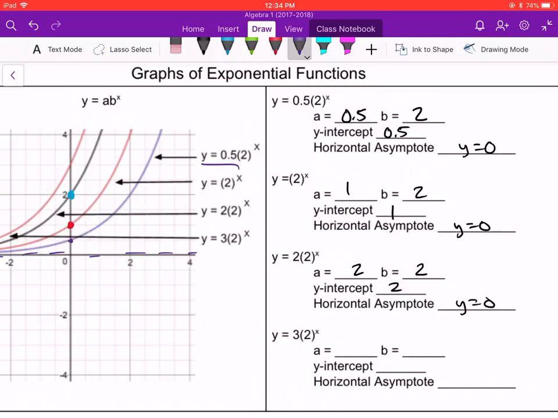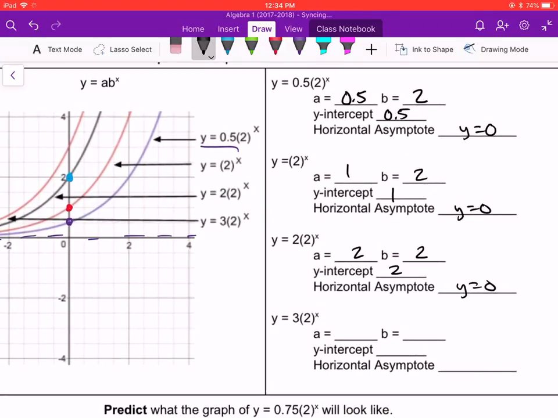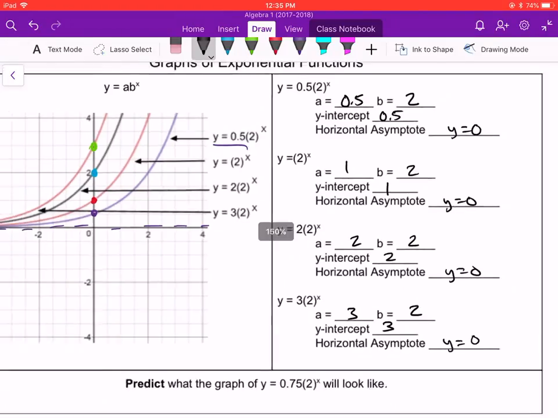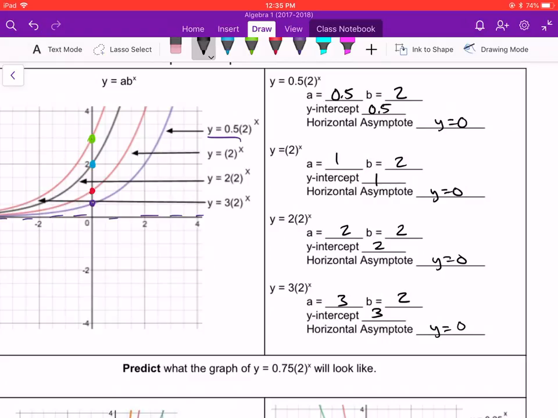We went from 0.5 to 1 to 2, and you might be able to guess. If I put a 3 in front where a is 3 and b is 2, your y-intercept is now 3. And if I put 3 on the graph, look, it's increasing. The horizontal asymptote is y equals 0. So the bigger your initial value, the bigger your y-intercept will be.